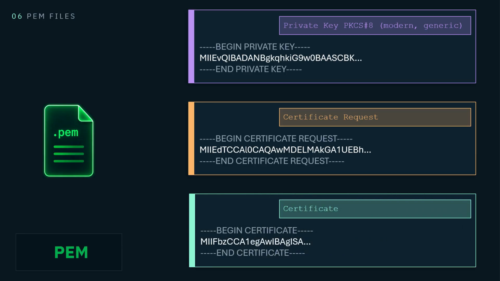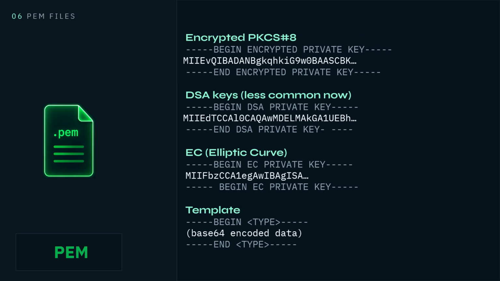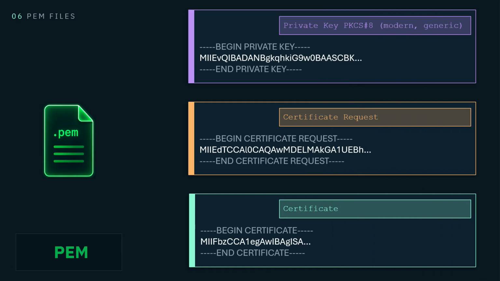You can also have an encrypted private key, DSA key, elliptic curve keys. The header always tells you exactly what you are looking at. The template is always the same pattern as you can see here. So a .pem file is really just a flexible container. It can be a key, a certificate request, or even multiple things concatenated together in the same file. The header is your guide.